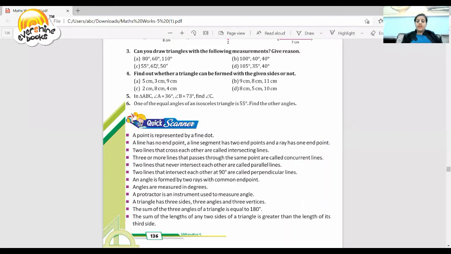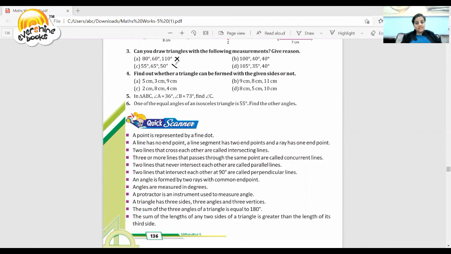Now, can you draw triangles with the following measurements? Give reason. The total should be 180. See that 80 plus 110 is already 190, so it cannot be drawn. Just write down no, can't. 55 plus 65 will be 120, and 120 and 50 will be 170.